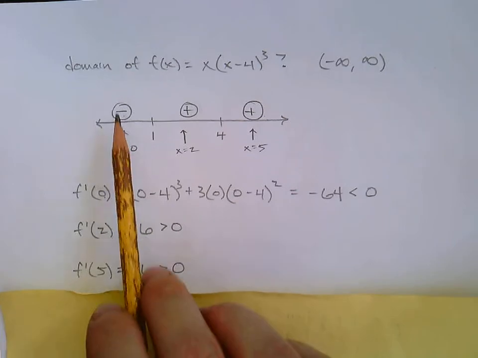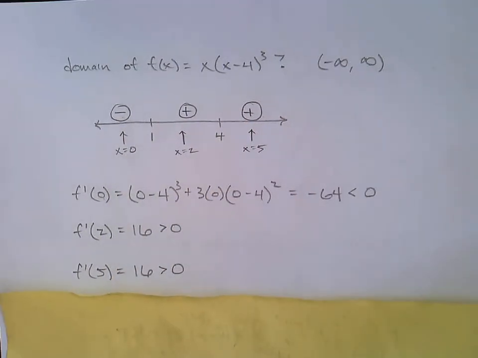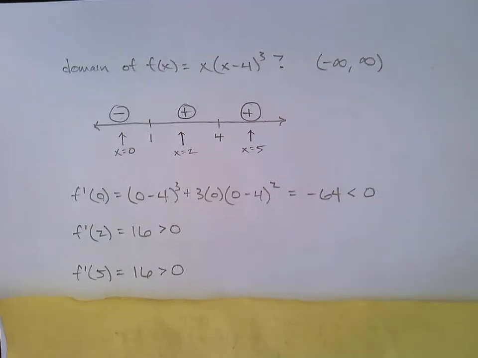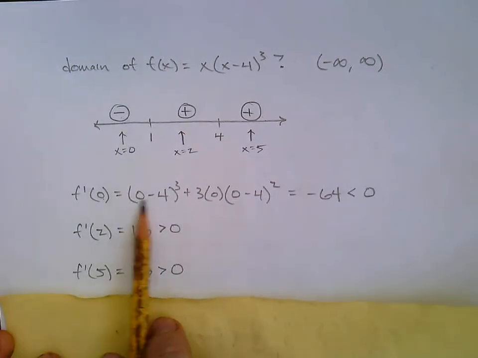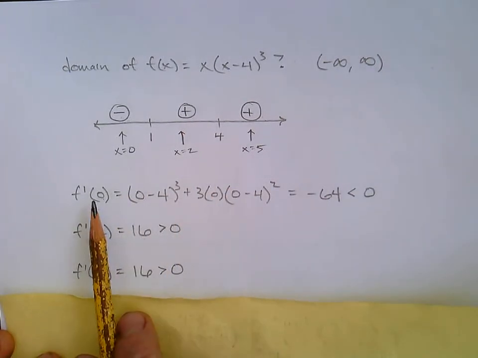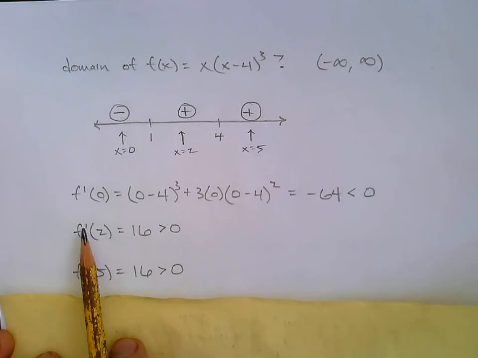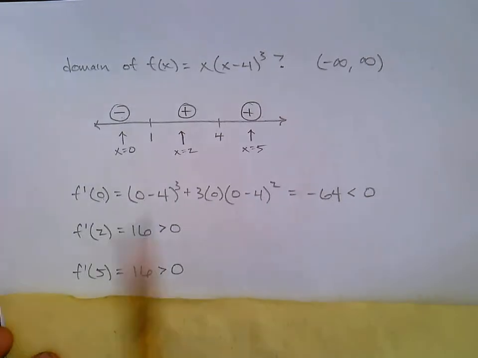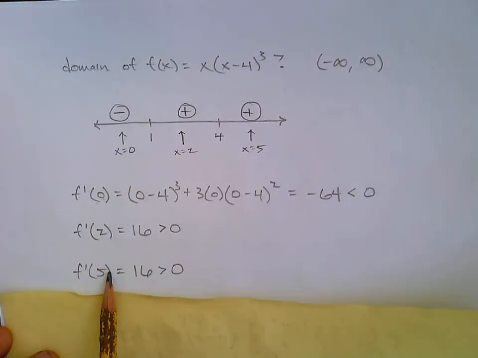You're like, well, I can just grab my calculator. You could, but I need to see that that's what you're doing. So I need to see this work. Maybe you don't necessarily show that middle step there. You just say f prime 0 equals negative 64, and so on. That's fine. But I gotta see that you knew to plug into the derivative there, and you did it. Don't just do it in a calculator. Okay.